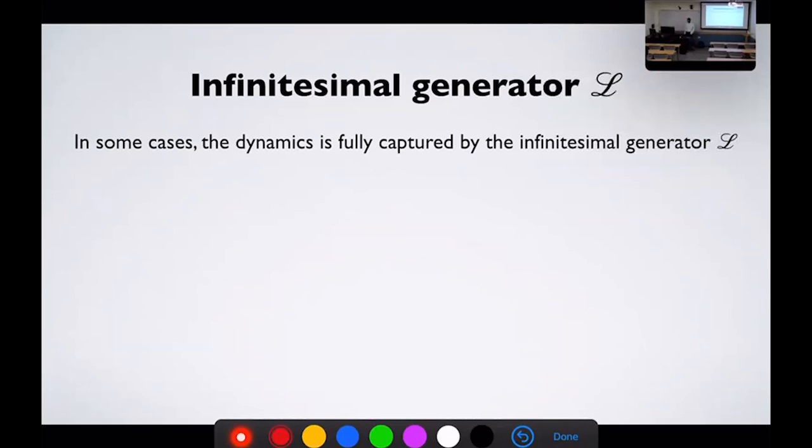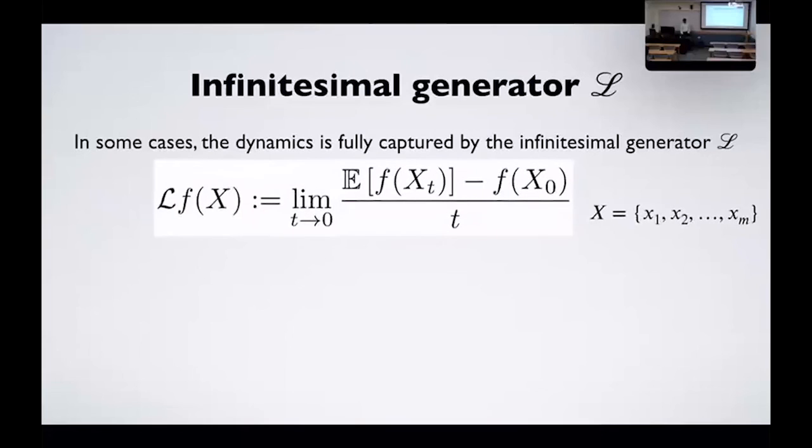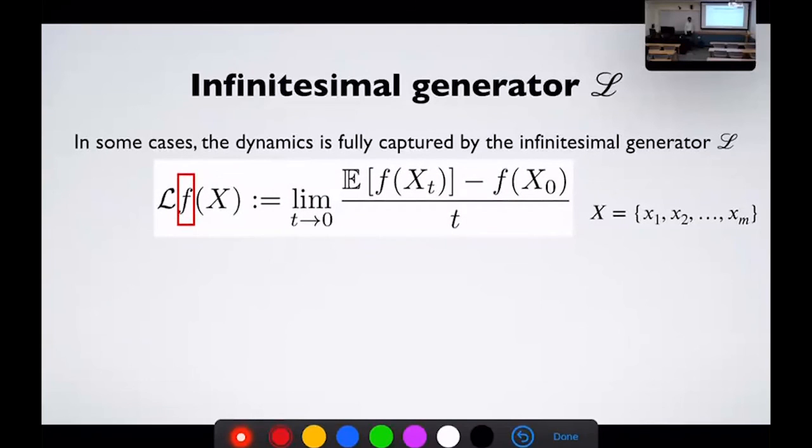We'll see that it's possible to do this particular reasoning. We need to know this concept called the infinitesimal generator. This infinitesimal generator is defined for a function. So it doesn't take a coordinate, it takes a function. It really takes a neural network as an input.